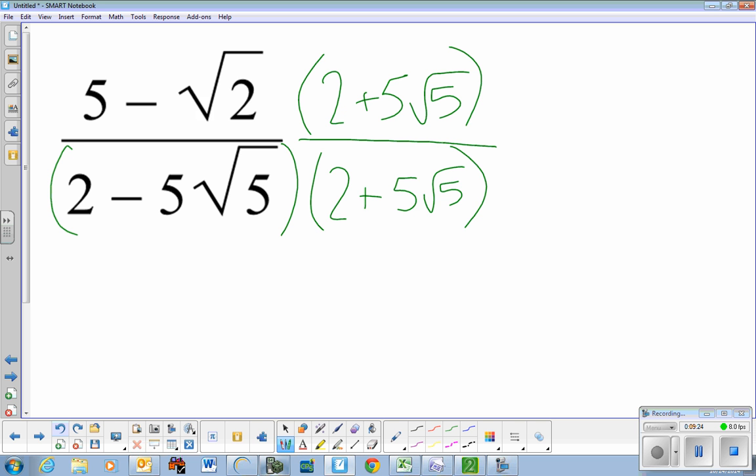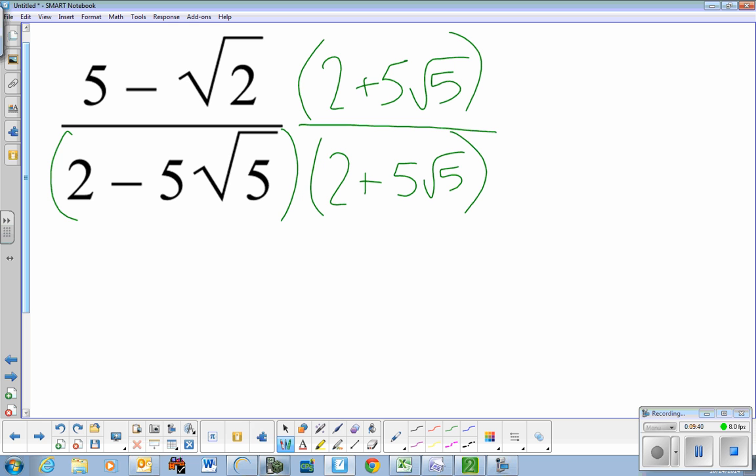All right, it has to be the same top and bottom because we don't want to change the value. And when you multiply a fraction by the same thing, you're really just multiplying it by 1. You're just changing the way it looks. The reason we choose the conjugate is because when you FOIL the bottom, the O and the I parts are going to drop out. And those are going to be the only two parts that have radicals in them.